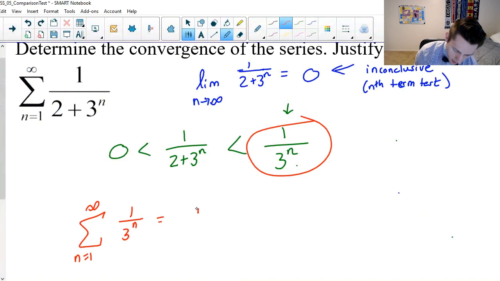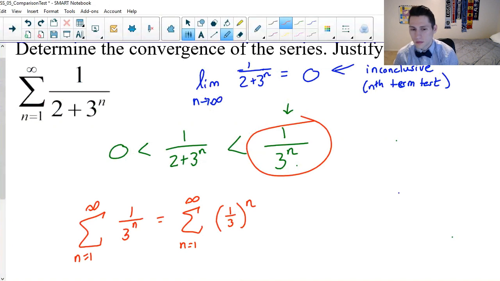Well, another way that I could write that is 1/3 to the n. And I'm kind of excited now because this is looking a little bit familiar to me.